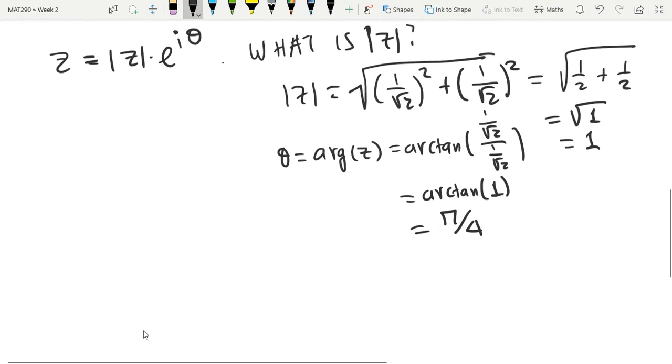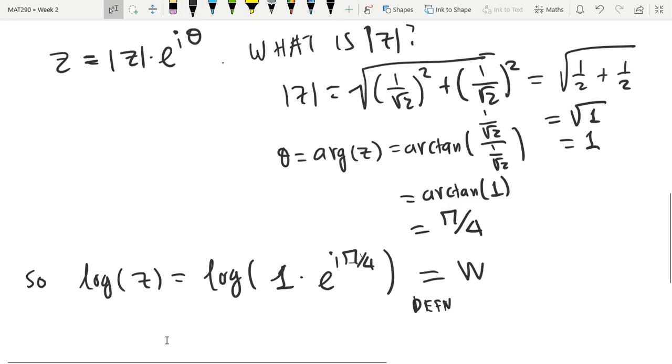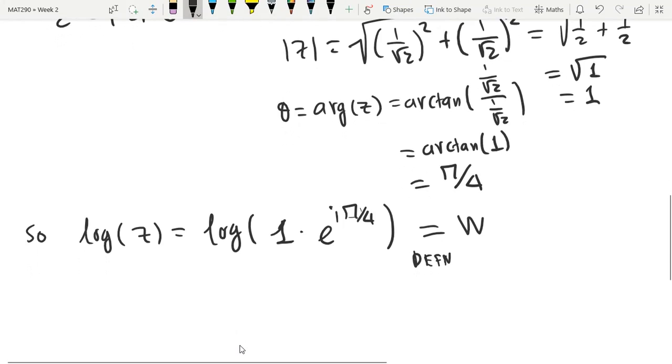So we have log of z is equal to log of 1 times e to the i pi over 4. Okay, now we use the definition. We're trying to find the w, right? And this is z. But what did we say?